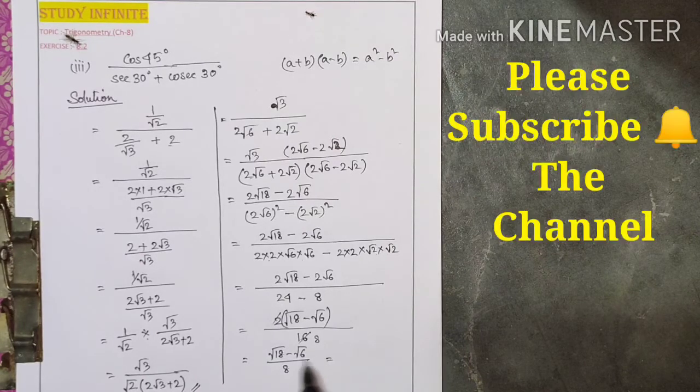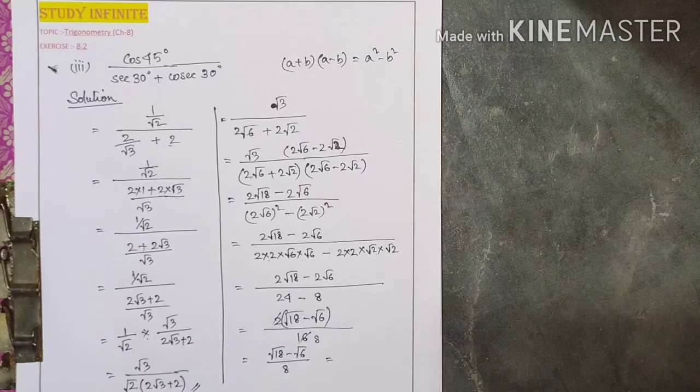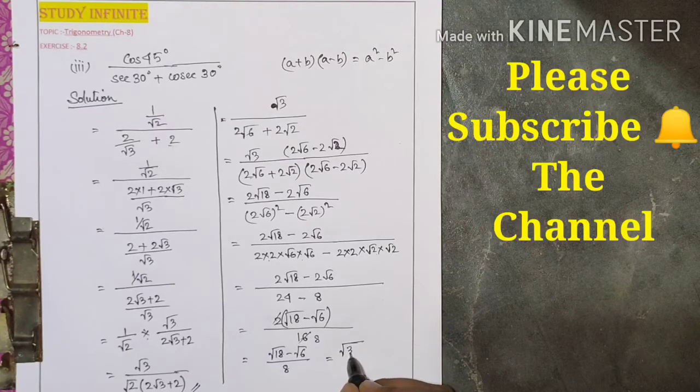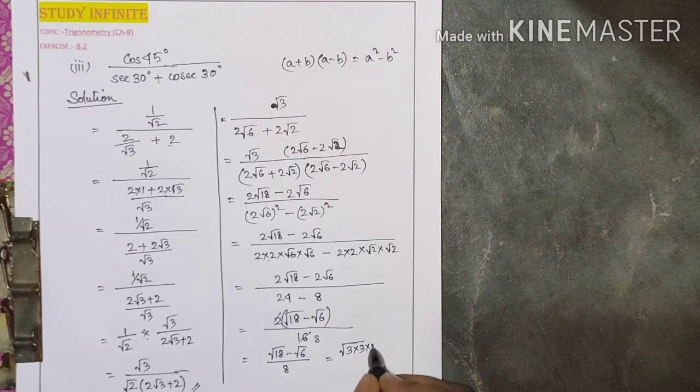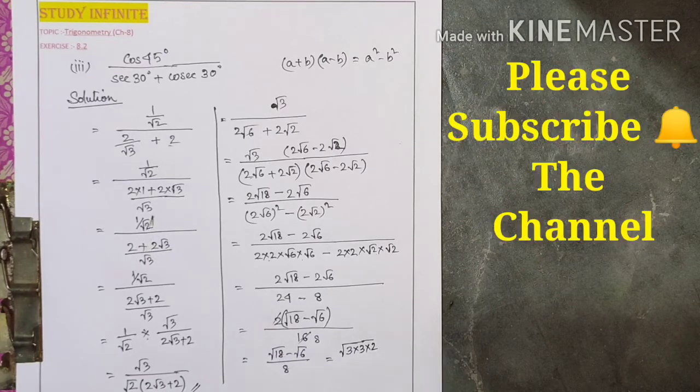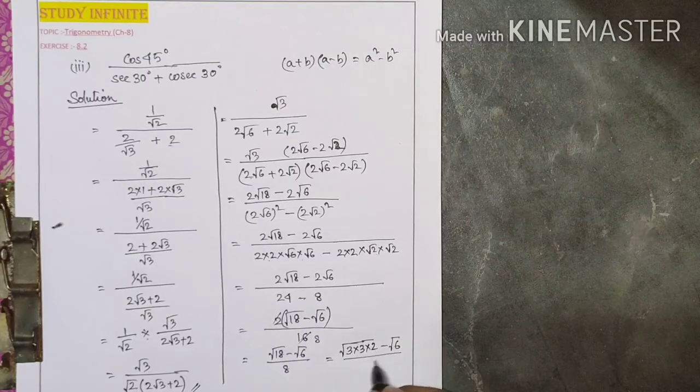Now root 18 can be written as 3 into 3 into 2. See, 3 times 3 is 9, 9 times 2 is 18, minus root 6 upon 8.